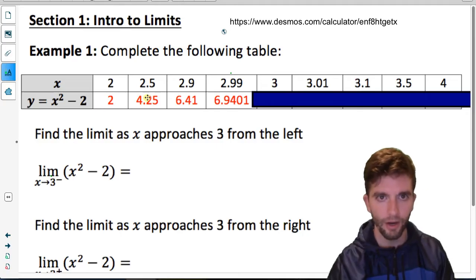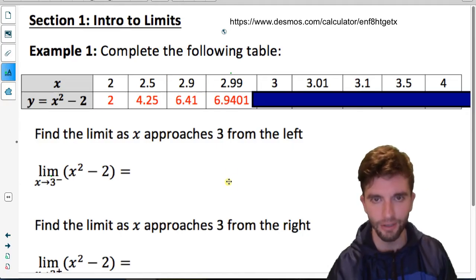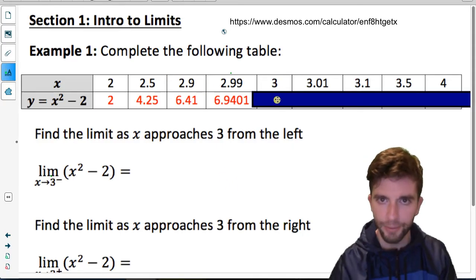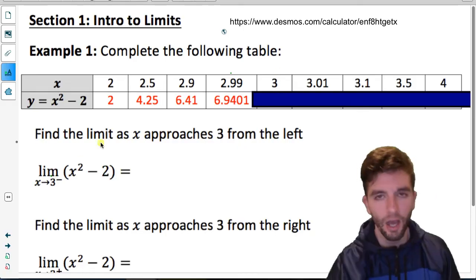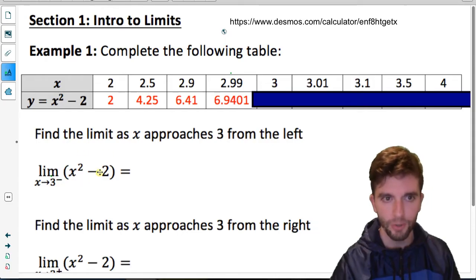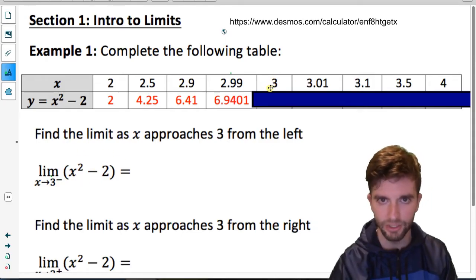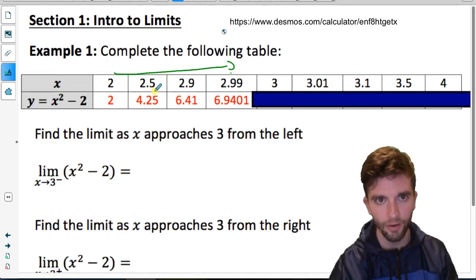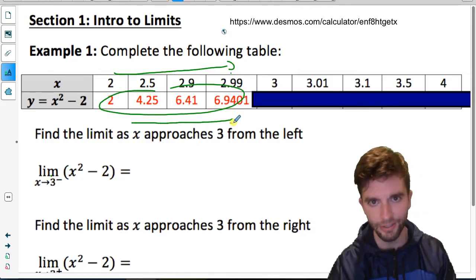So you can see, what do these values look like they're getting closer and closer to? I don't care what it is when x is 3. I'm just interested in what the y values are getting close to. What are they approaching as x approaches 3 from the left of 3, so from this side? What are these values trending towards?